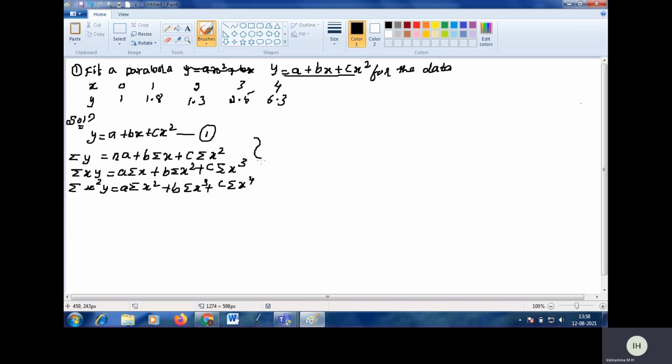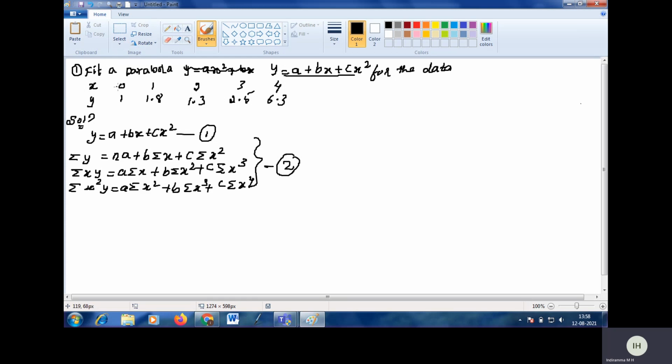So these three equations are the normal equations for the second degree parabola. We have to solve these three equations with the three unknowns a, b, c by substituting the summation values. Then substitute the a, b, c values in equation 1. That will give us the best fitting second degree parabola for the given data.